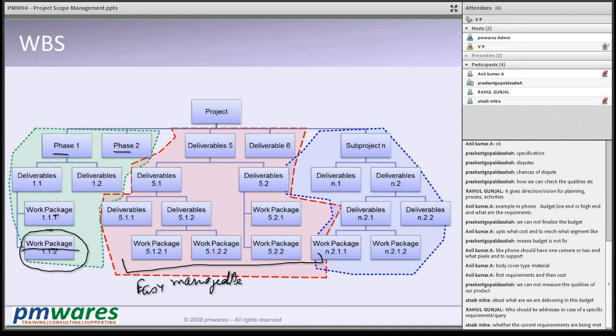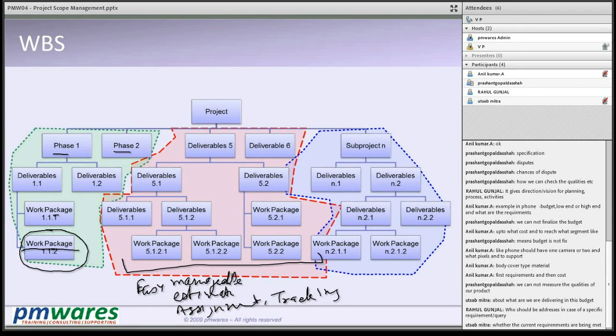Manageable, estimation becomes easy, assignment becomes easy, tracking becomes easy.